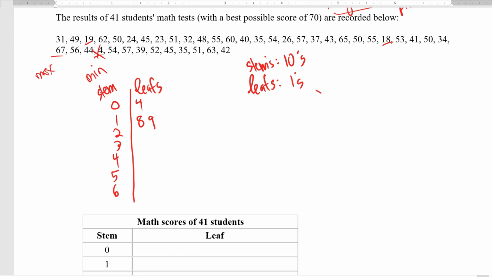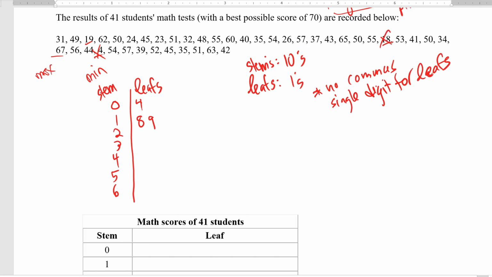Some key features: there needs to be no commas. If you put a comma in here, I will mark you wrong. Don't do that. And we only put a single digit for our leaves, L-E-A-F-S. So you don't put an 18 and 19. This represents 1 8 is 18, 1 9 is 19.